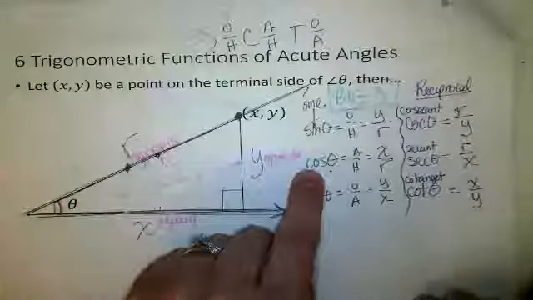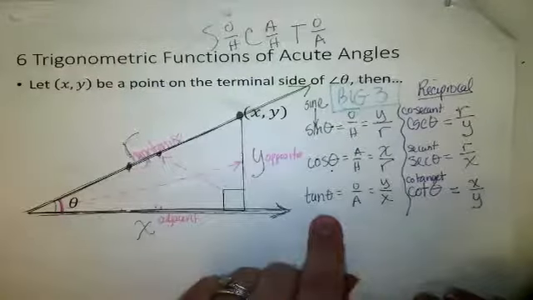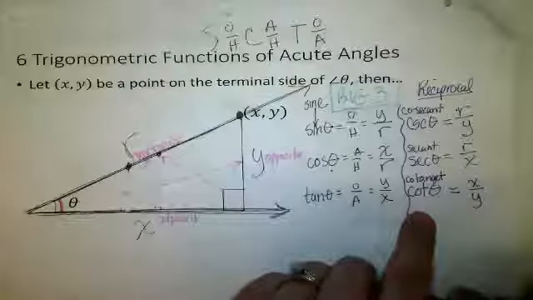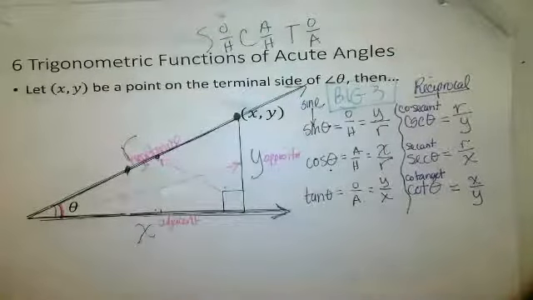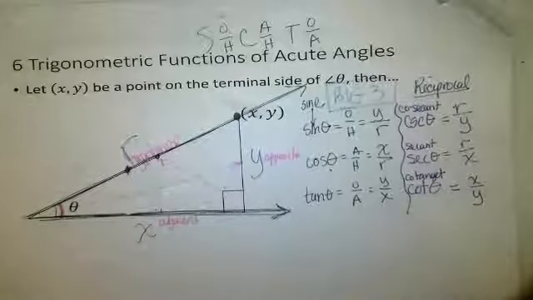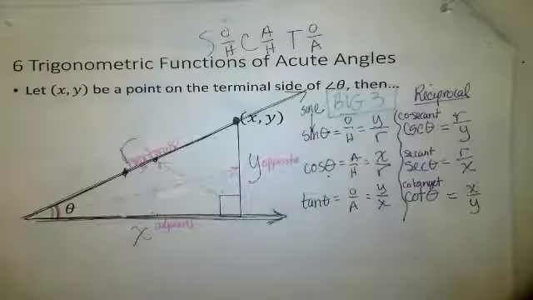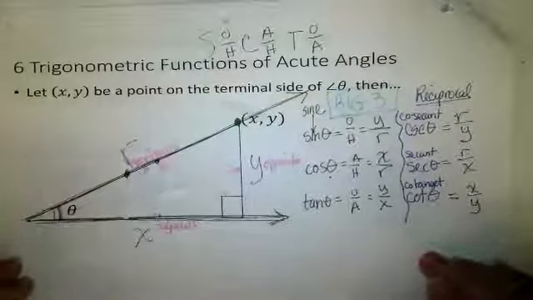Cosine matches with secant. Tangent goes with cotangent. Does that kind of help? You need to figure that out pretty early on. But that's it. These are the trig functions that we're going to use today.